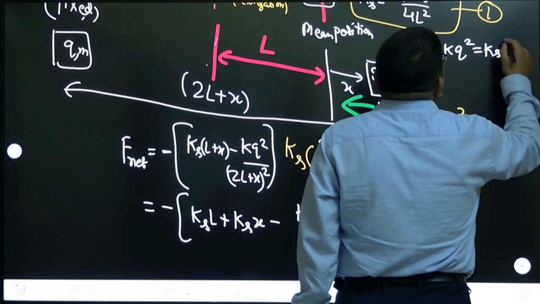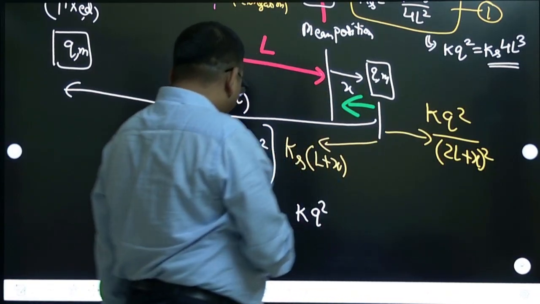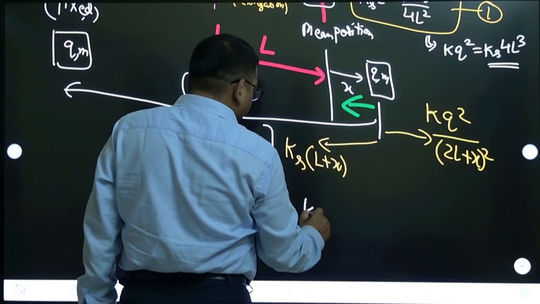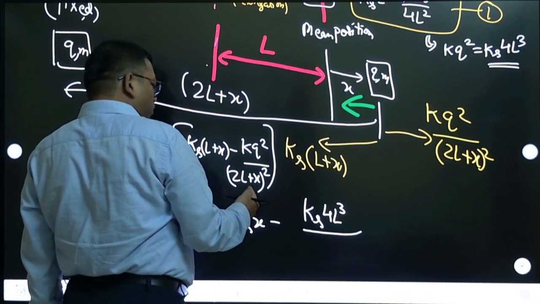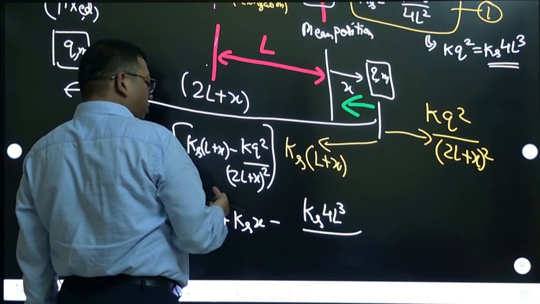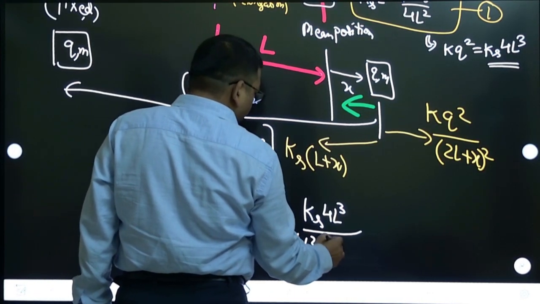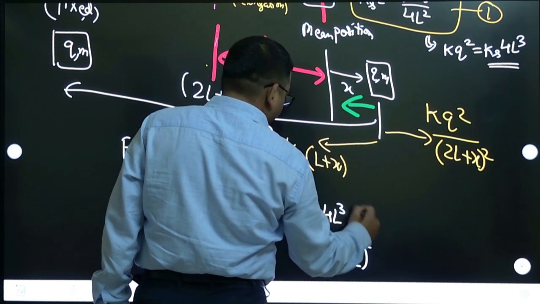So Ks into 4L cube it becomes. So use this and substitute it here. So KQ square I am going to substitute as Ks into 4L cube divided by, and here 2L I will take common out of this. So 2L square will become 4L square, and this will become 1 plus x by 2L whole square.